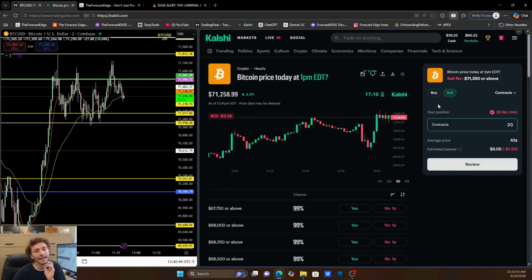Putting in this 20 means I'm getting out of the majority of my contracts. I'll get out of 20 of them, but still have a remaining 5 contracts of no for Bitcoin's price being above 71,250 at 1 p.m. Eastern Standard Time. I'm trying to get out of 20 of my 25 no contracts. That's how that would work.